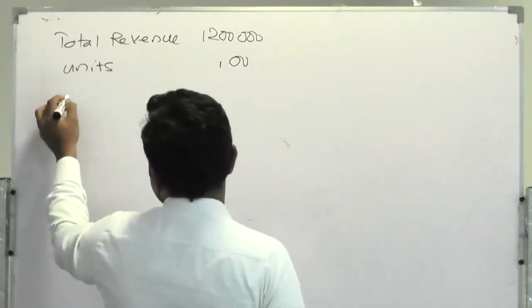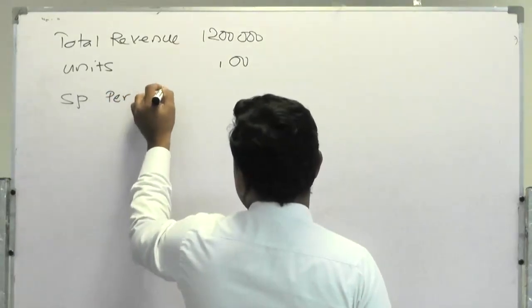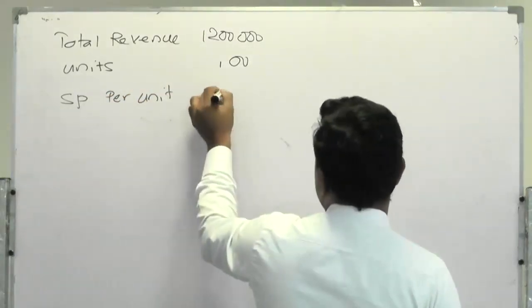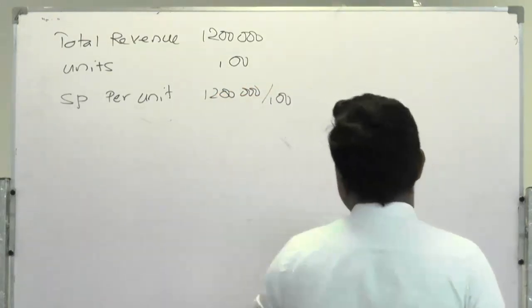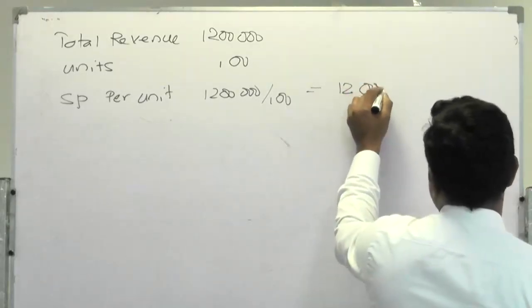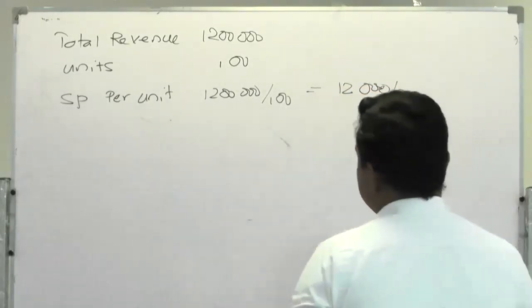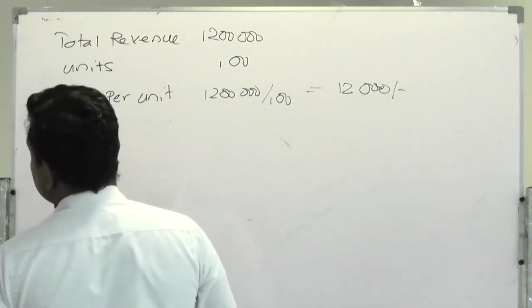Therefore, sale price per unit will be 1.2 million divided by 100. Therefore, that will be 12,000 rupees, right? Selling price per unit.